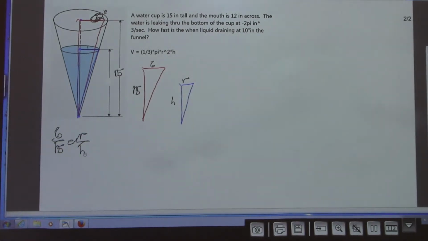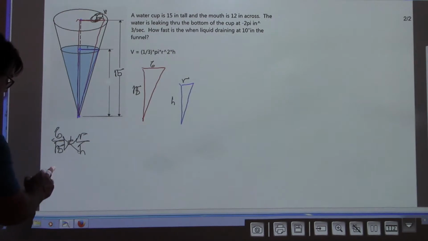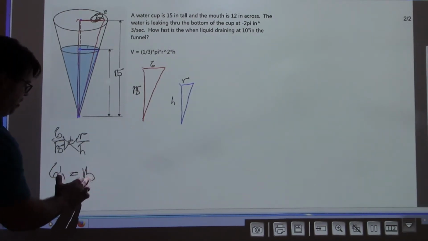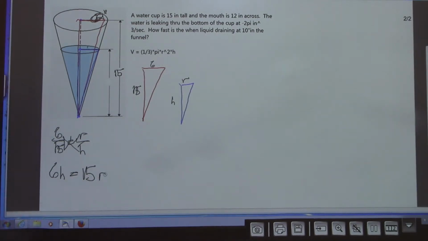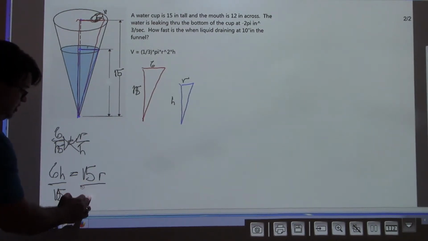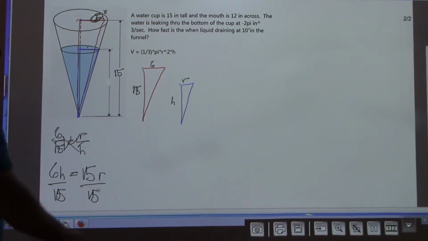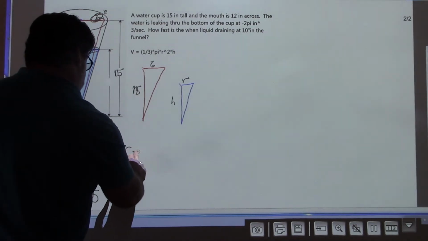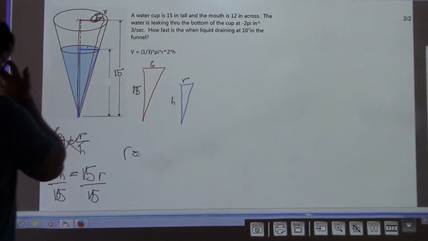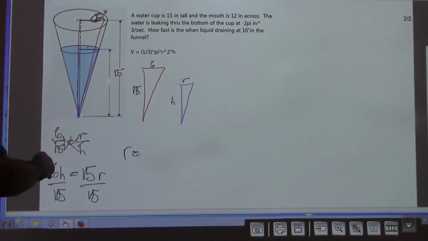I don't know why this pen is doing this. Maybe if I write with my finger, it'll do better. So 6H is equal to 15R. And divide by 15 because we're concerned with R, not H. So R is equal to 2/5 H. 3 will go into 6 and 3 will go into 5.